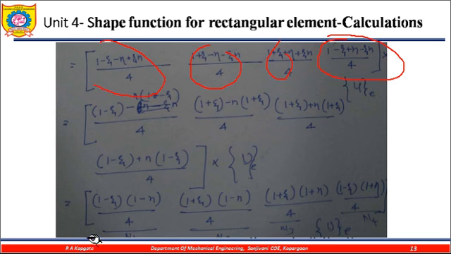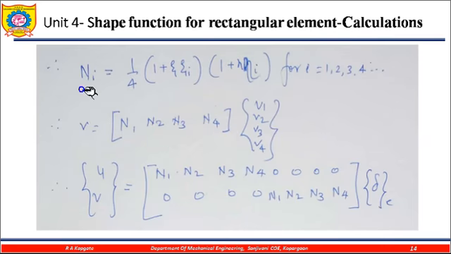Finally, this is my n1 term, this is my n2 term, this is my n3 term, and this is my n4 term. Hence my Ni is equal to 1 by 4, 1 plus xi xi dash, 1 plus eta eta dash, for i equal to 1, 2, 3, 4.